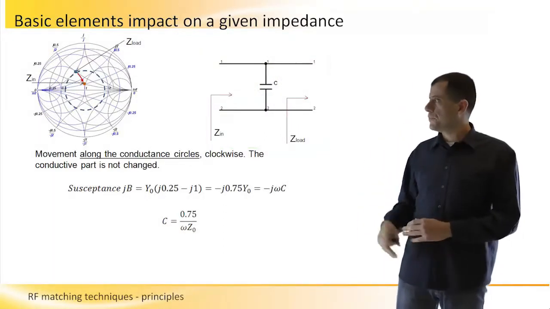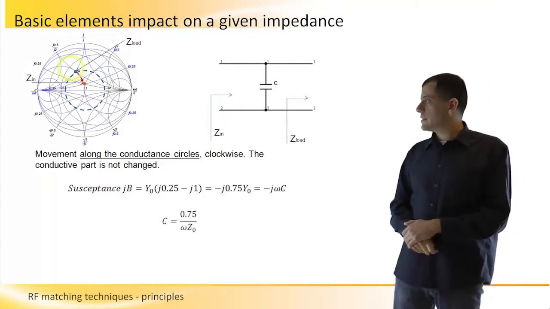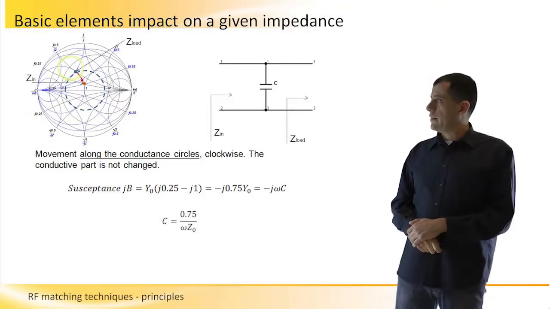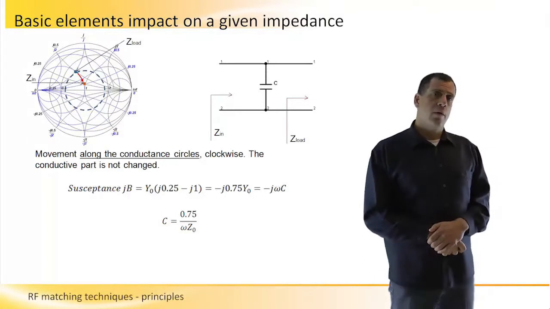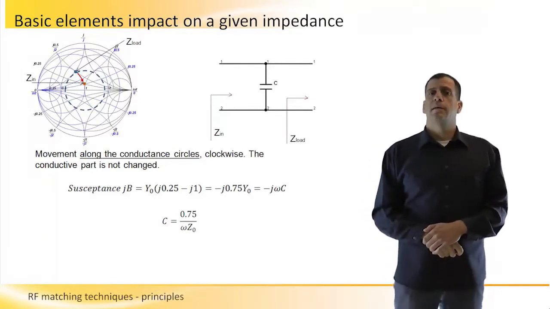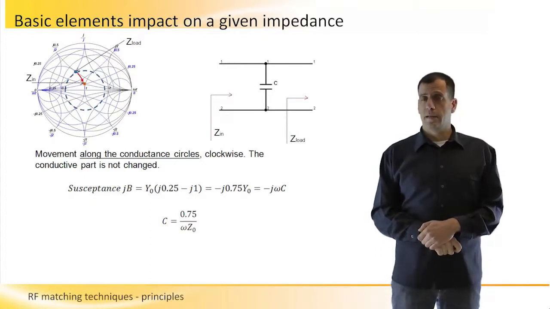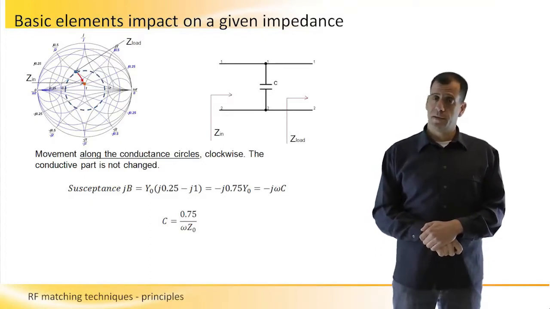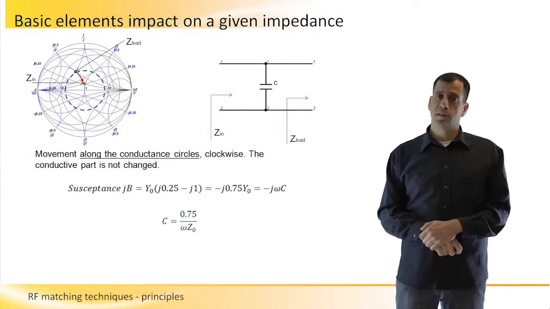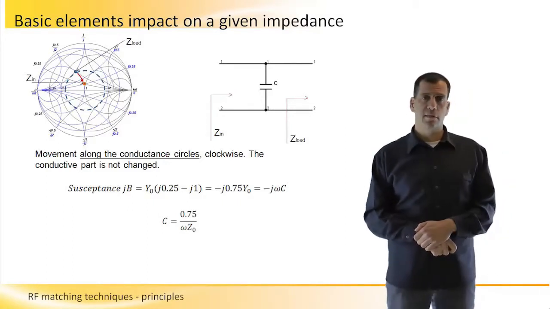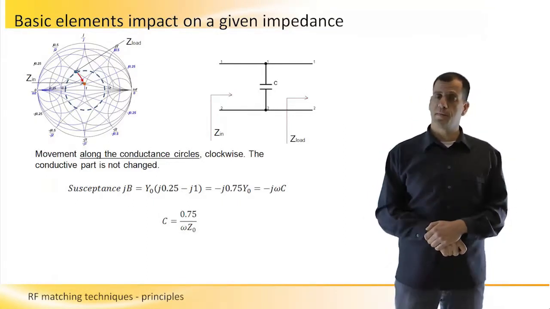What will we see? The blue point represents the load. Then, since we are dealing here again with the capacitor that has only an imaginary part, it contributes a zero to the conductance but influences only the susceptance.